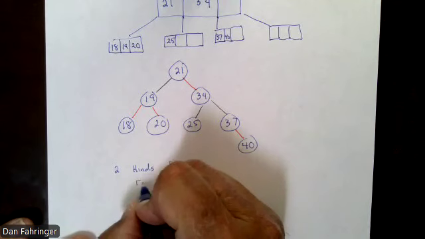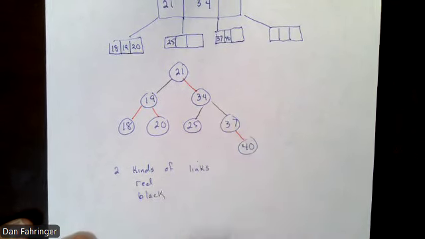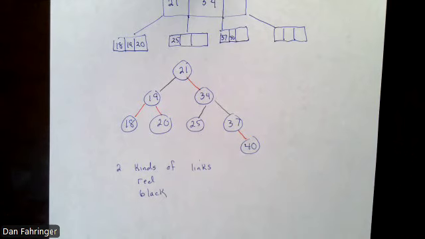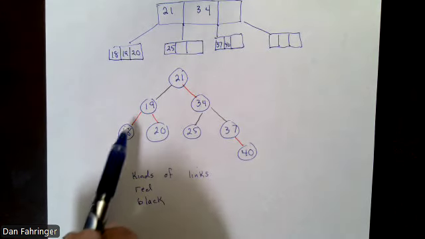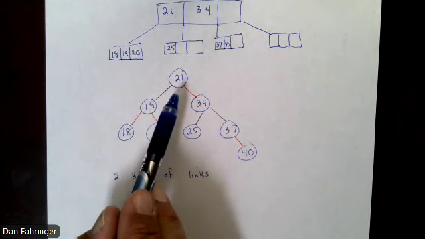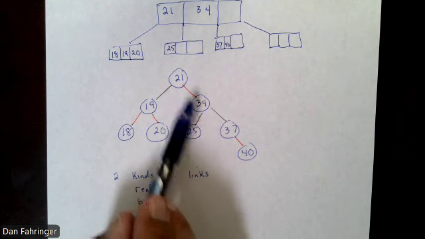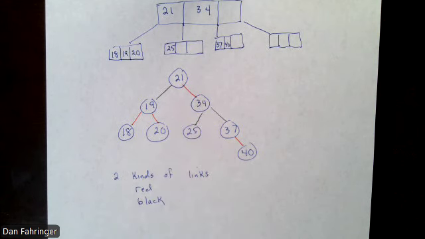Okay, we have a red one and we have a black one. What do you think the red signifies? Reds are, let's see, 18, 19, and 20 have reds. 21 and 34 have reds. 37 and 40 have reds.